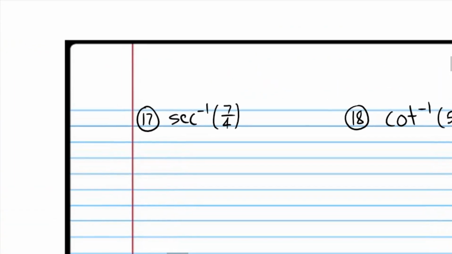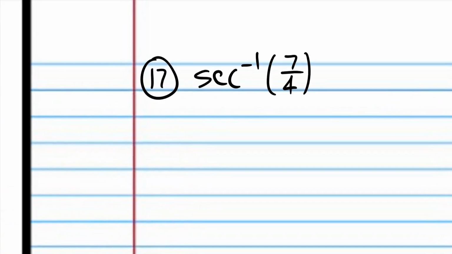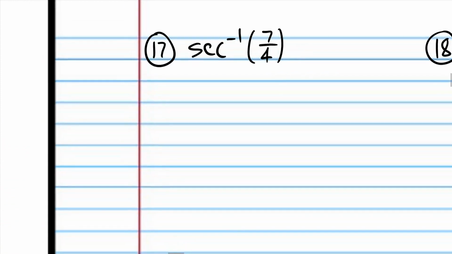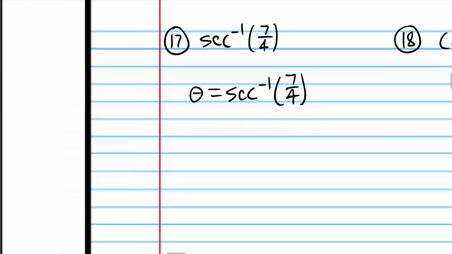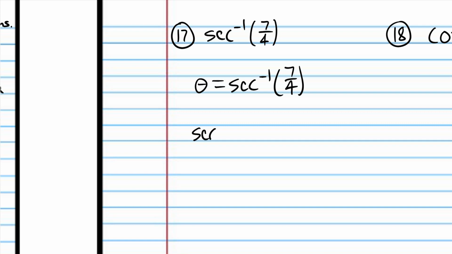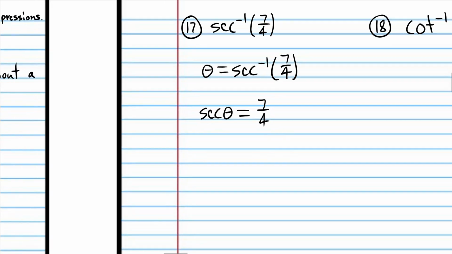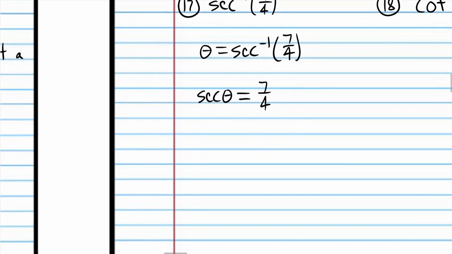Go ahead and try number 17. And when you come back, we'll do it together. Alright, we're back. So I'm going to set that expression equal to theta. And if that's true, then by definition, secant theta is equal to 7/4. And if that's true, then by definition, cosine theta is equal to 4/7.